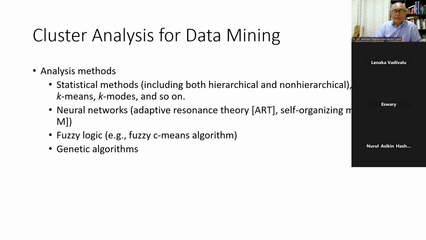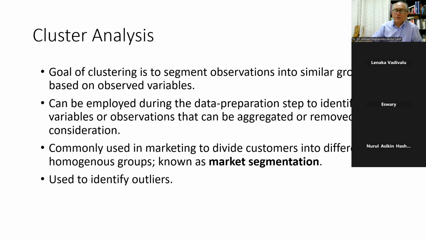Some methods in clustering analysis: you can have k-means, you can use neural networks, fuzzy logic, and genetic algorithms to do cluster analysis. The goal of clustering is to segment the observations of this data into similar groups based on observed variables.